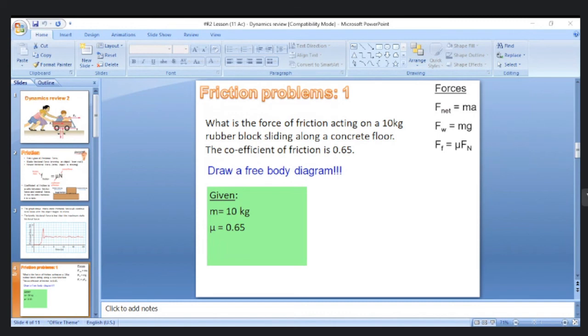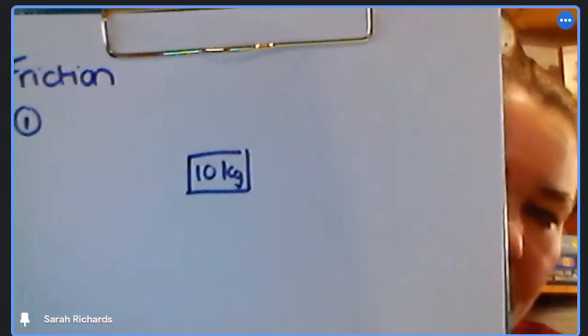Okay, so the free body diagram. I've got my object in the middle, my rubber block sliding along the floor.